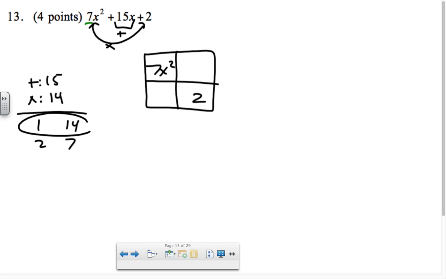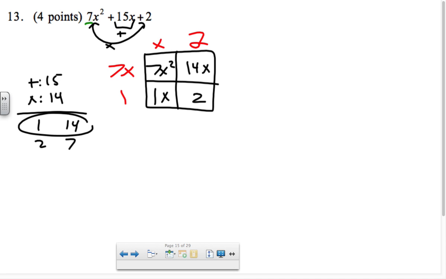Oh, I found it right away, 1 and 14. So I'm going to put 1x and 14x here, factor out my GCFs. X, oops, excuse me, 2, 7x, and a 1. Double check that everything multiplies out.